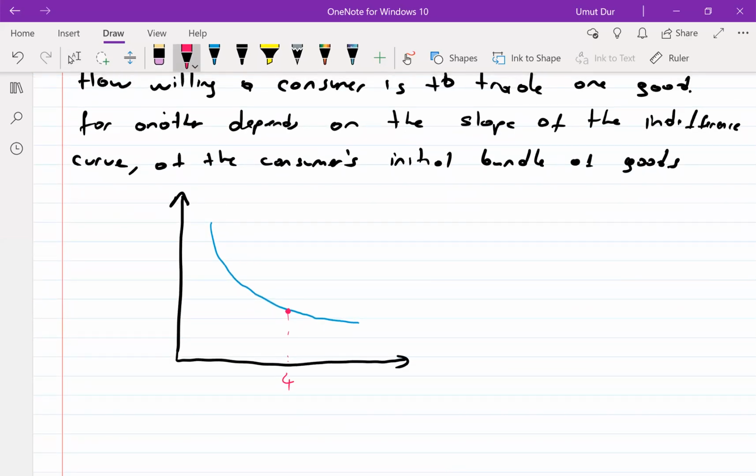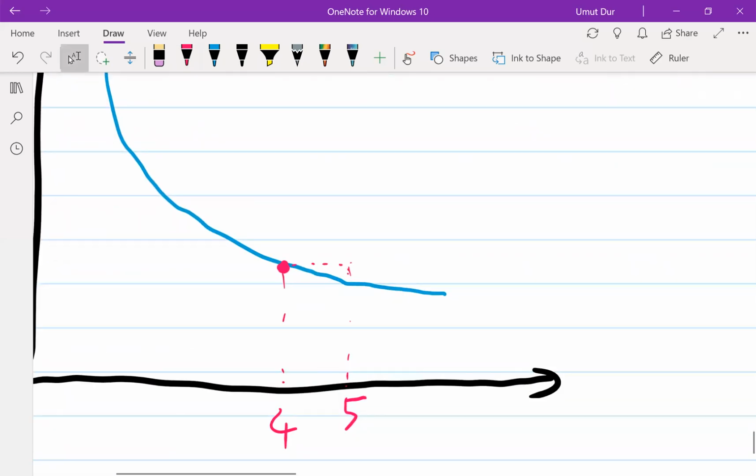I'm just giving numbers here. So this is 4, and we are interested in increasing the coffee we consume to 5. This corresponds to some amount of tea that we will give up. So this distance is 1.